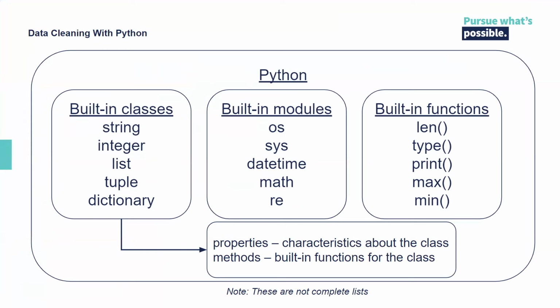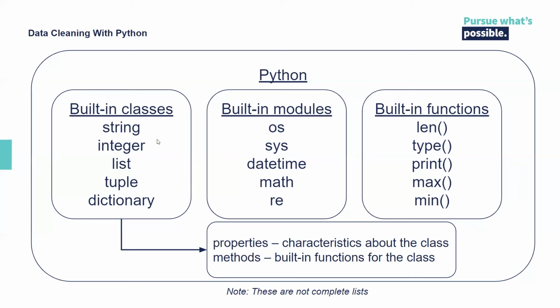When we are talking about Python, Python has a few different ways of accomplishing tasks. When you first download Python to your machine, it's going to come with a series of built-in classes, built-in modules, and built-in functions. Classes are the things within Python that basically hold information, and they hold different kinds of information.